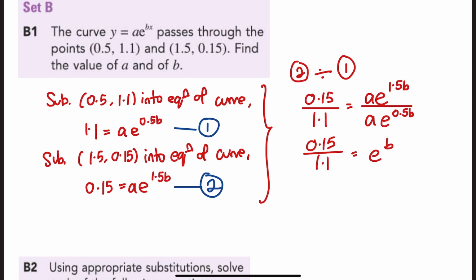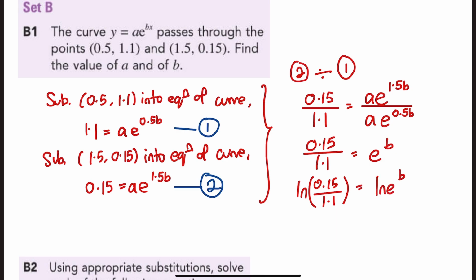Therefore I have an unknown power here. What can I do to bring down unknown powers? I can take logarithm. Since my base is e, I can take ln on both sides. This will become ln of 0.15 over 1.1, ln of the entire fraction, equals ln e power b.